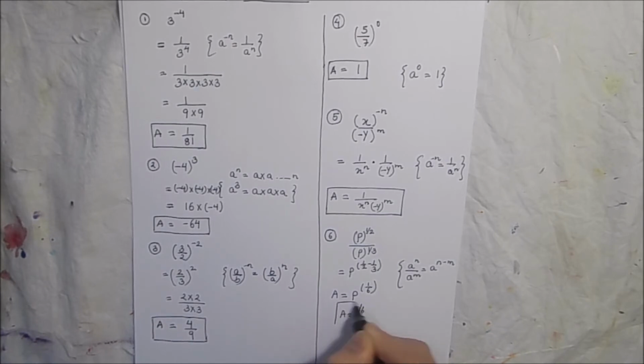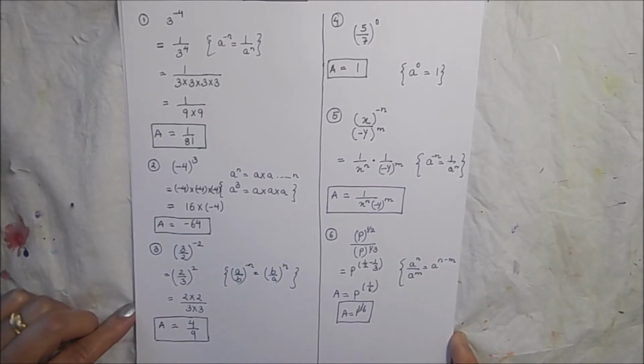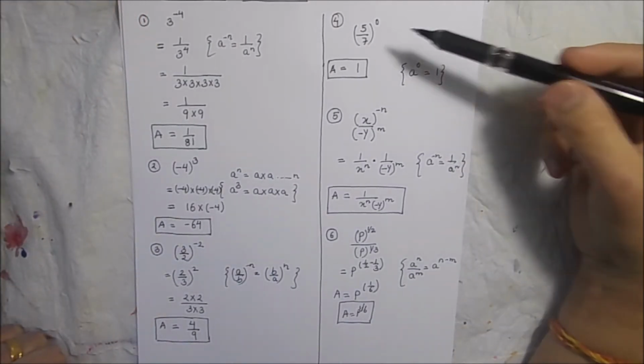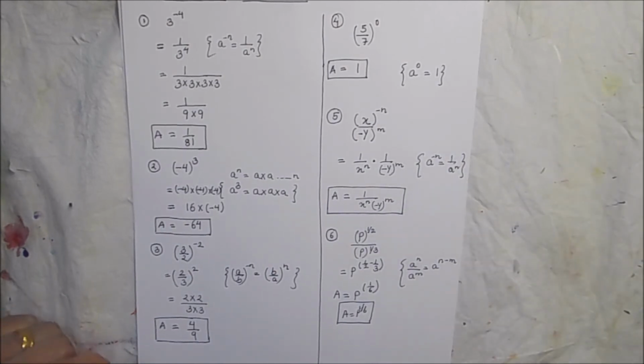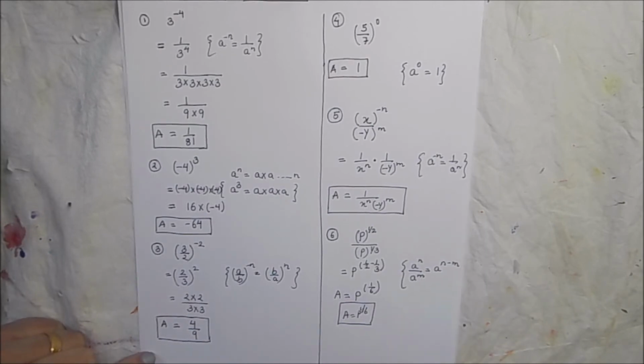This is our final answer. So these are various examples of simplifying exponents. Here we have solved negative exponent, zero exponent and fractional exponent. Now let's solve one more example in which there will be a variable, a negative exponent and fractional exponents. So let's move to the next page and start with our example.